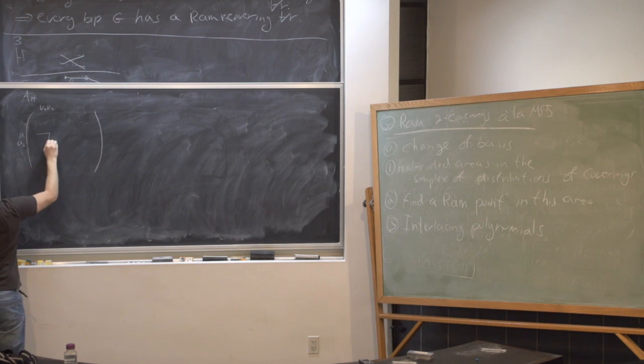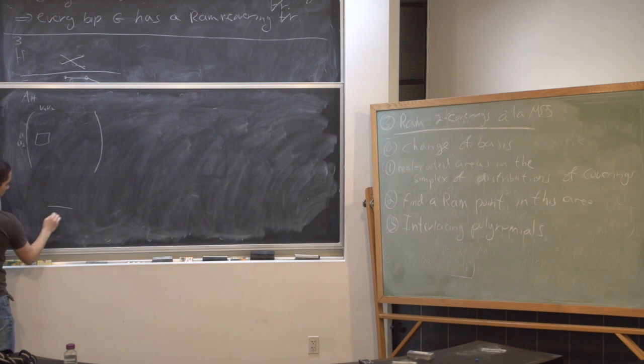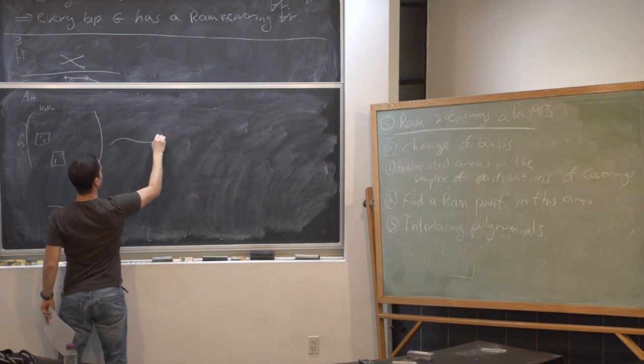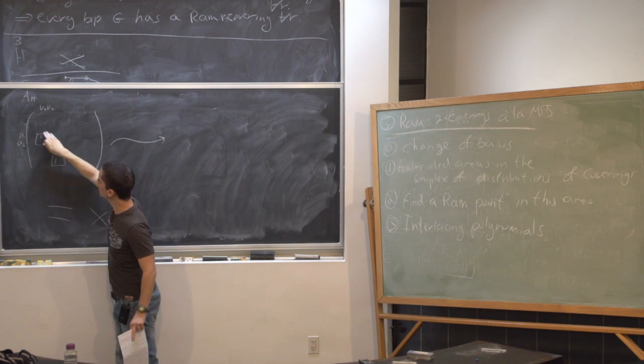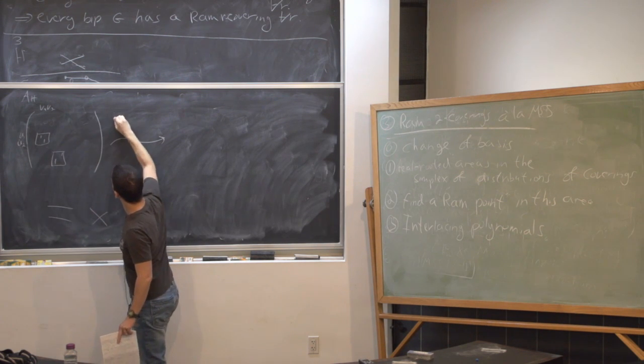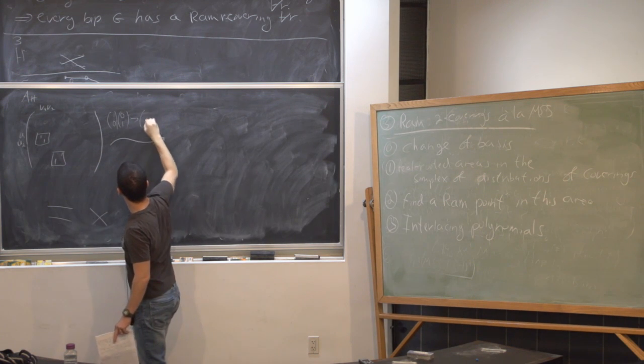So here we have a small square, and here we put either the identity matrix if we have this option, or this other 2x2 permutation matrix if we have this option. This is the adjacency matrix of H. But now let's make a change of basis, where instead of taking this basis, we take this basis.